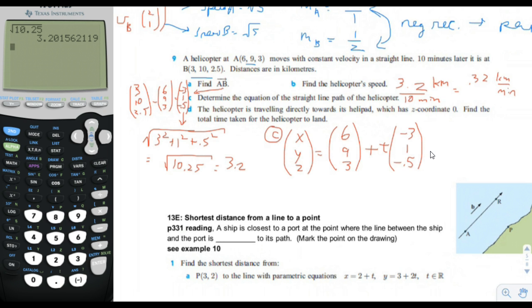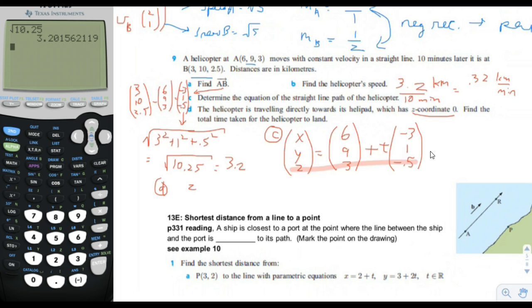D, the helicopter is traveling directly toward its helipad, which has Z coordinate 0. Find the total time taken for the helicopter to land. Basically, it doesn't really matter what the helipad's X and Y coordinates are, because if it doesn't get to the Z coordinate of 0, it doesn't matter, okay? So let's just look at the Z coordinate and solve to see how long it takes for Z to get to 0.